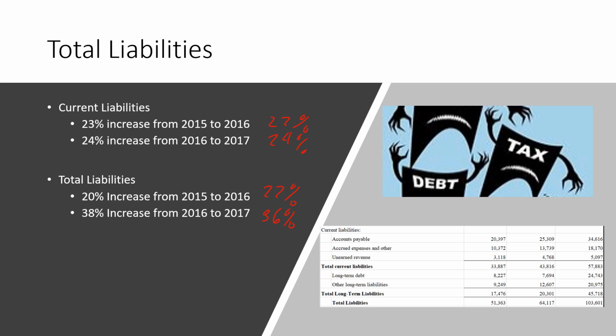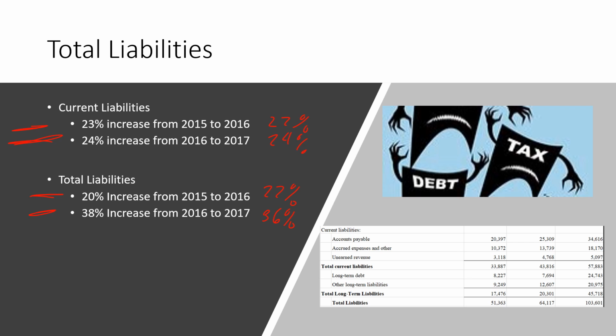It's a 1% difference from 2015 to 16, and on par for 16 to 17 for the current liabilities. And for the total liabilities, it's a 2% difference and a 2% difference. So there's nothing really too out of the ordinary with them staying on track, or staying parallel to each other.